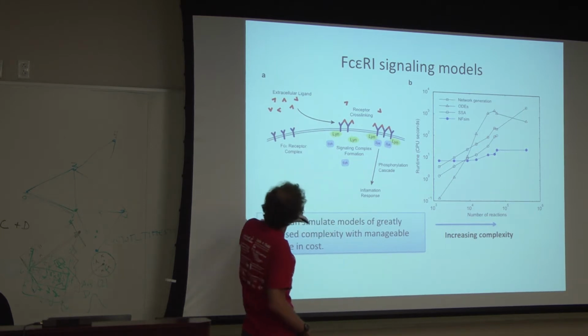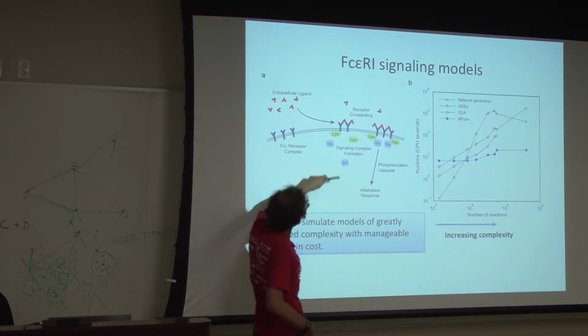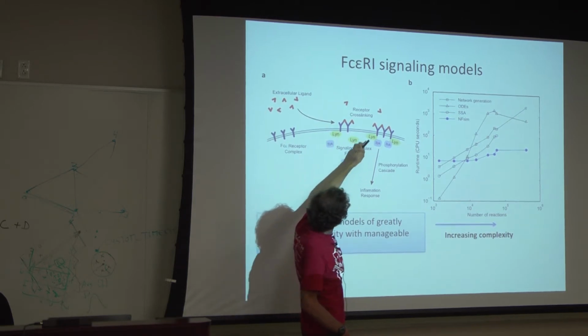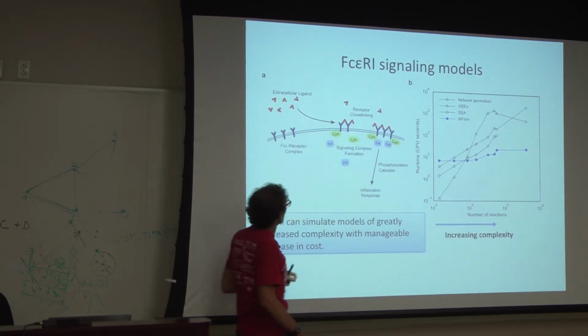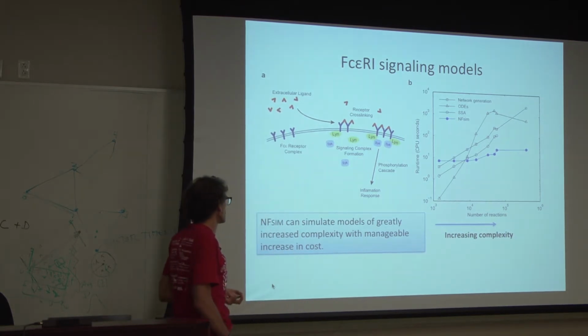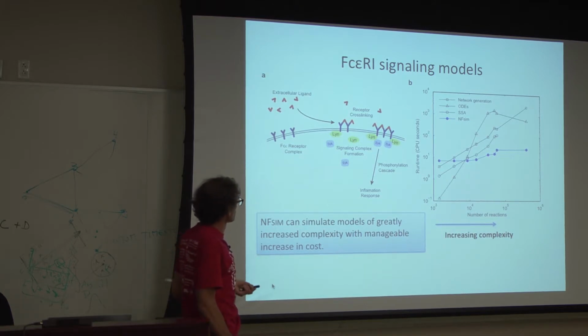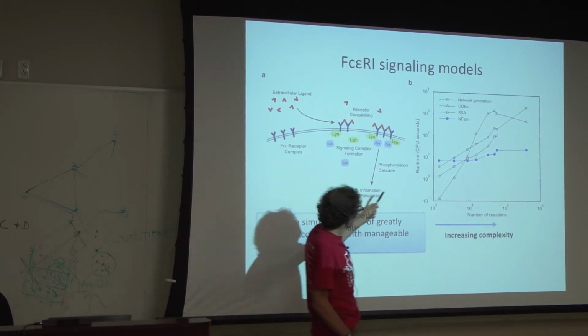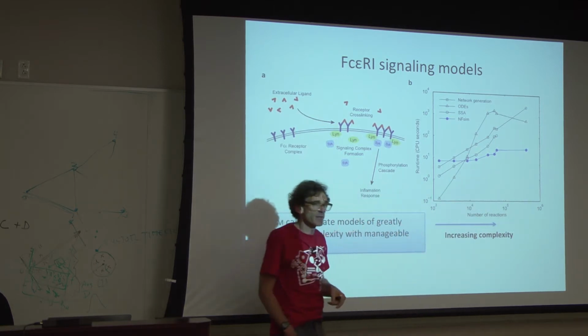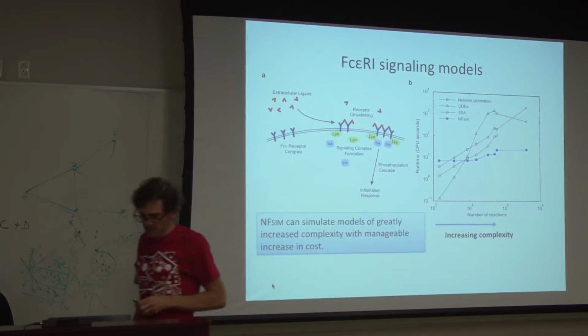So the idea of network-free is that we can build up a model of increasing complexity, include more and more components, refine our description of the molecules, for example, to include more mechanisms of regulation, or more phosphorylation sites, more regulatory molecules, and so forth. We can build that up without hitting a computational bottleneck in being able to simulate the system.